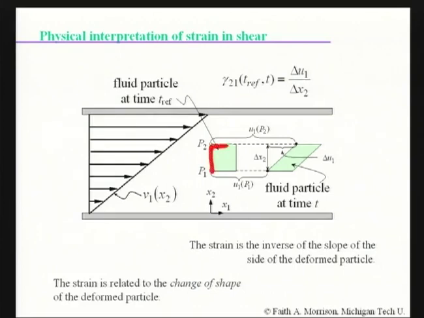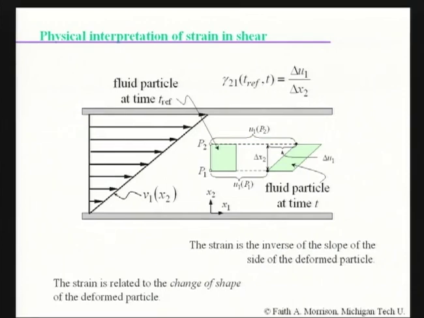So if we have an initial square particle and deform it at some time later t, then this derivative du1/dx2 is related to the change in u1. Okay, u1 is the particle displacement function between the two times at this position versus at this position.